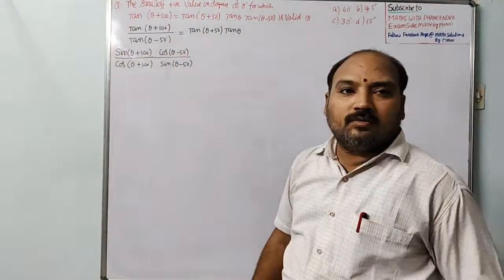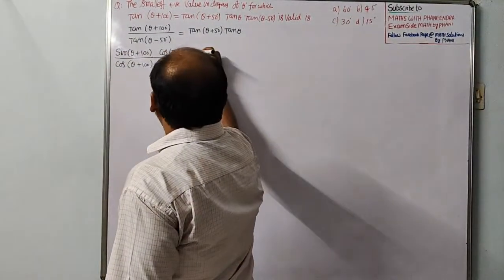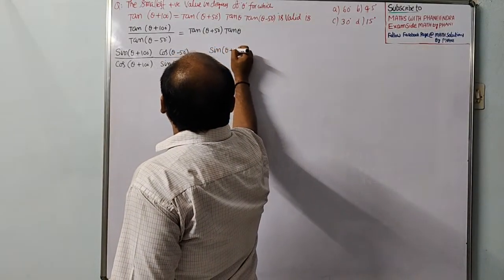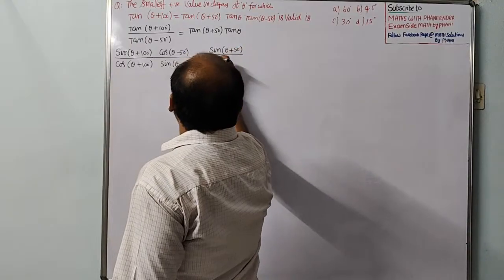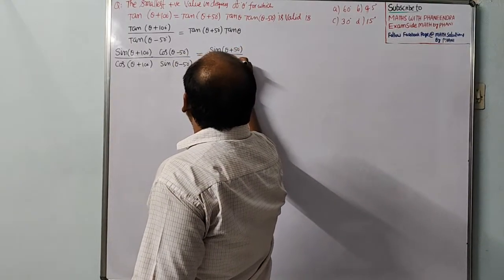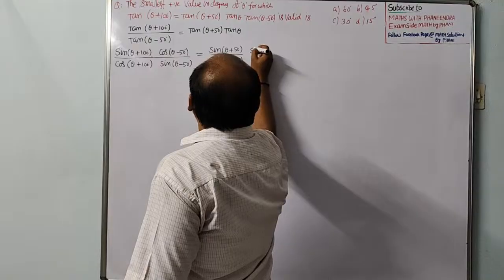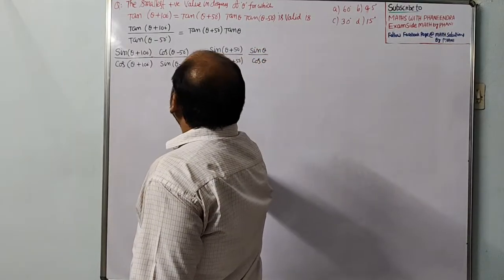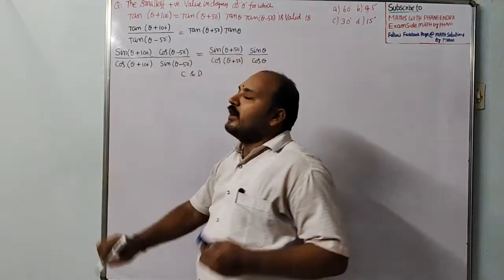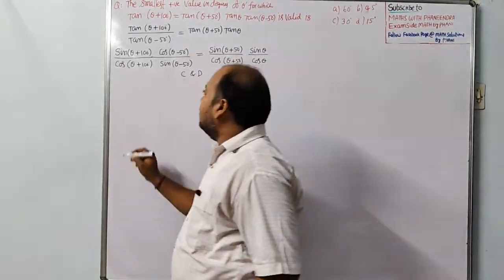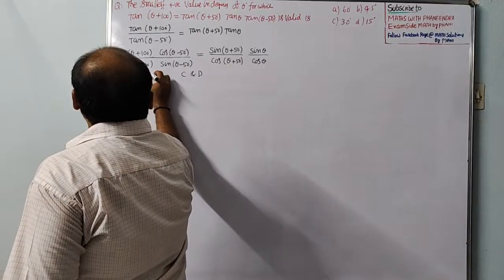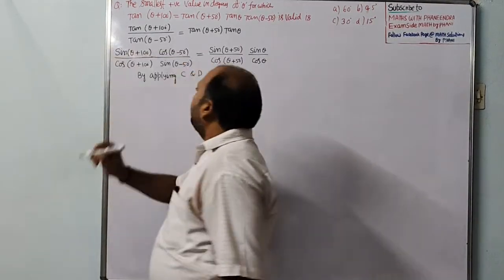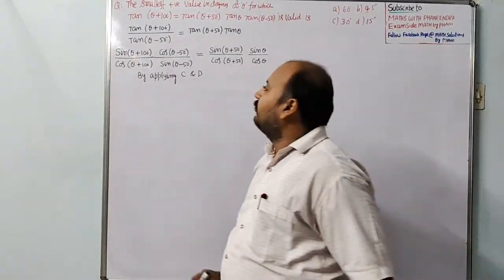Are you all able to understand? Here also same thing. Sine of theta plus 50 divided by cos of theta plus 50, sin theta by cos theta. Here we are going to apply componendo and dividendo.